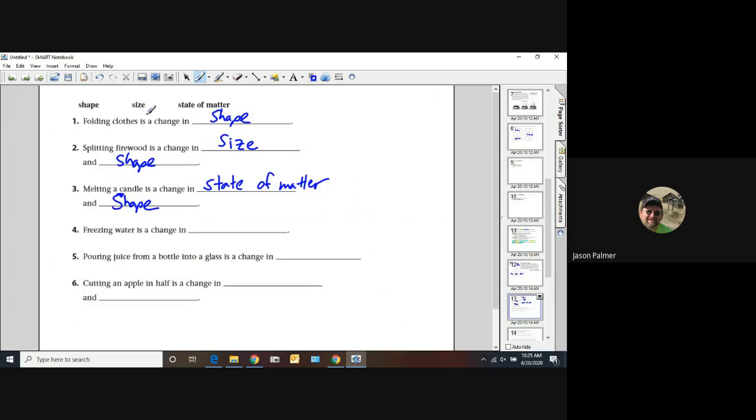So it's probably the size would still be the same. And again, this is not to be confused with burning, because when you burn a candle, it's a lot different. This is just melting it, so it's in a pot. You can think of it. Get a candle. The liquid inside.